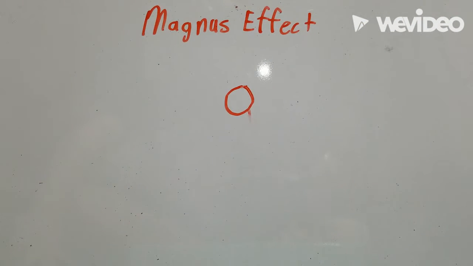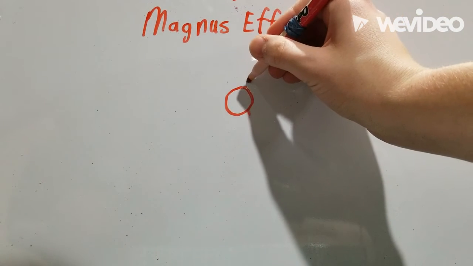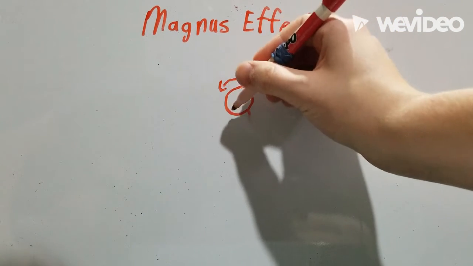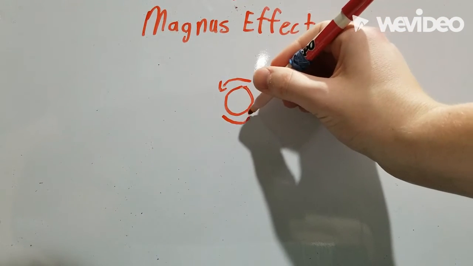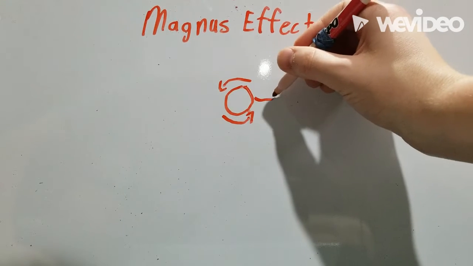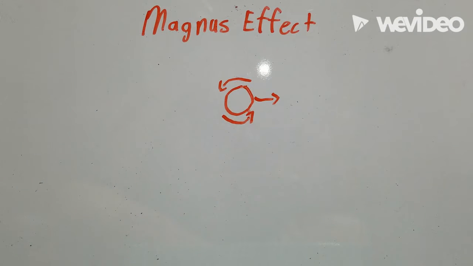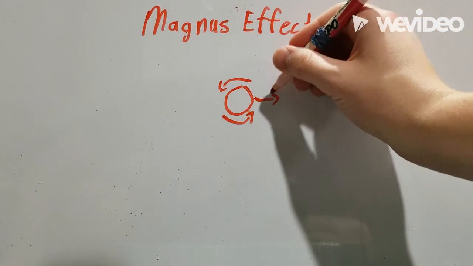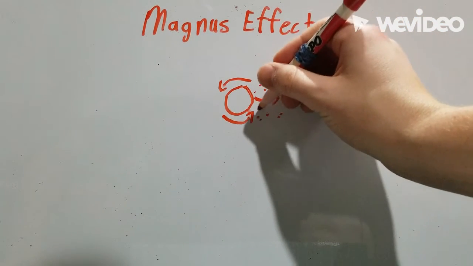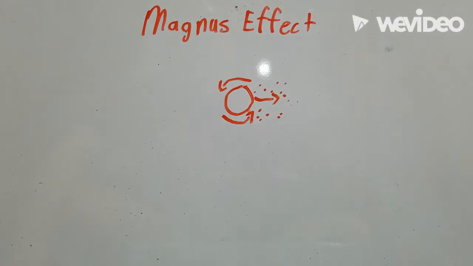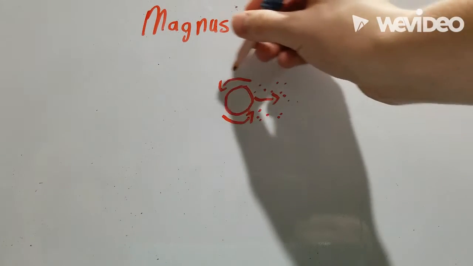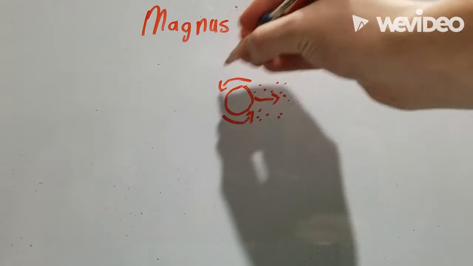And when that ball is spinning, say it has some backspin on it, and it's moving forward, what that means is this ball, when it's moving through the air, these are all different air particles. The air going over top moves faster because the ball is spinning in that direction.